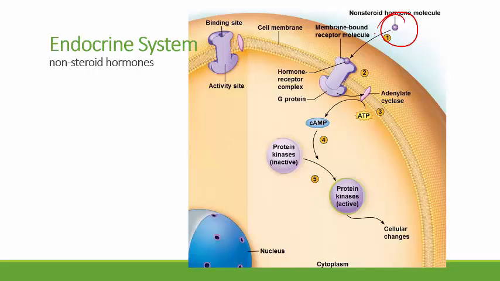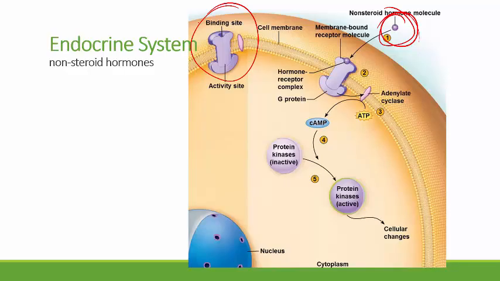Some of them may need a transport protein to make it around in body fluids, but most of them just dissolve in the body fluids. And here is an example of our protein that is going to transfer the signal inside the cell, do signal transduction.